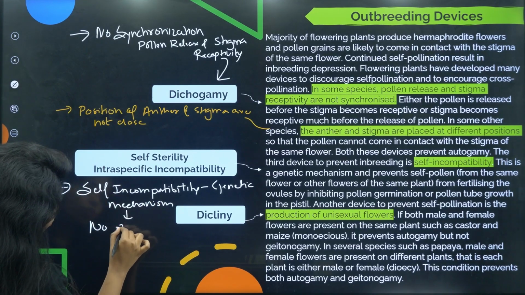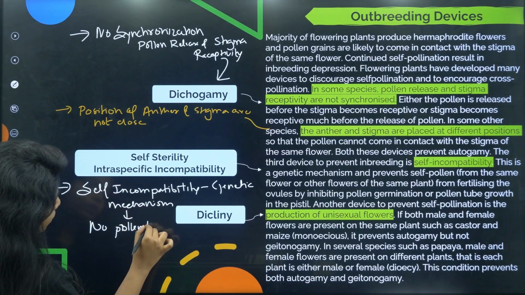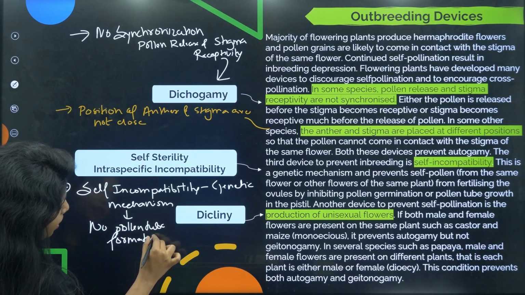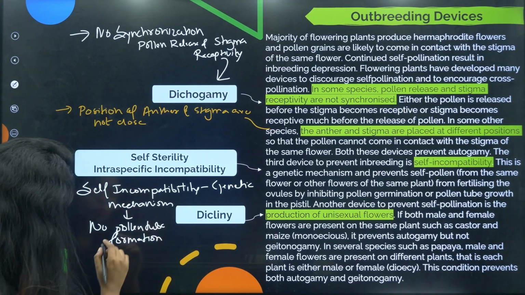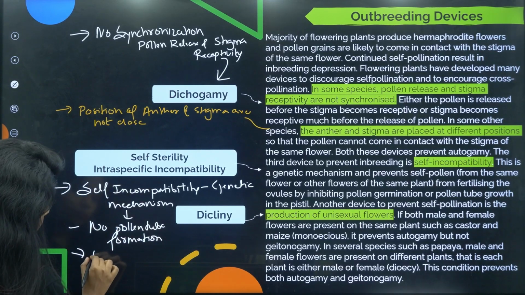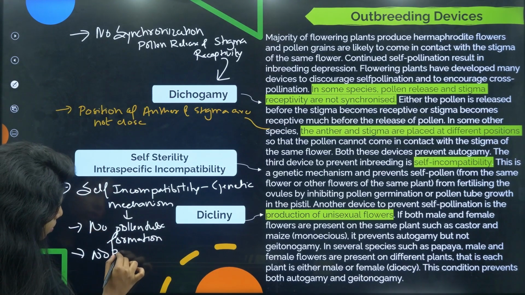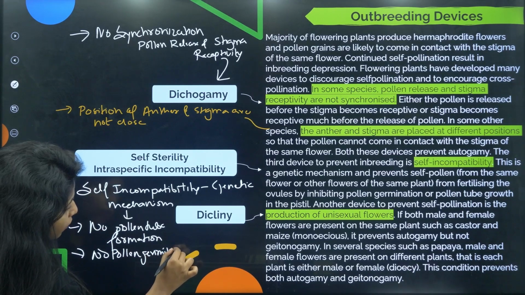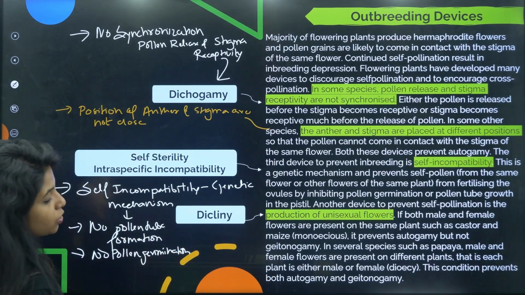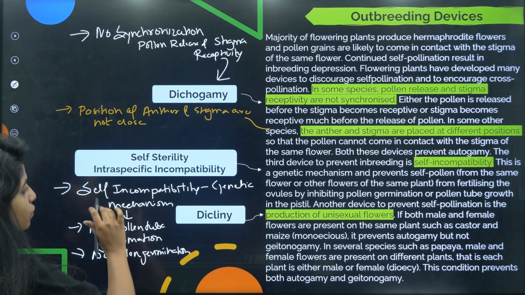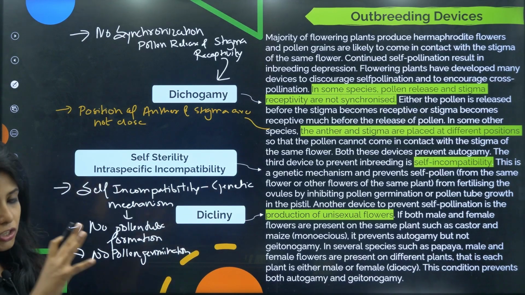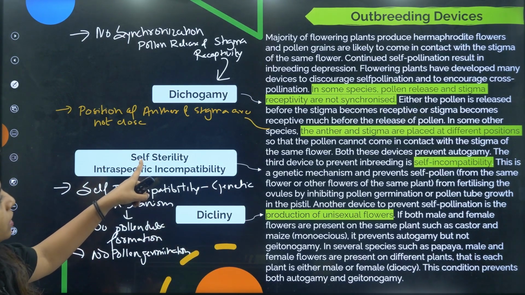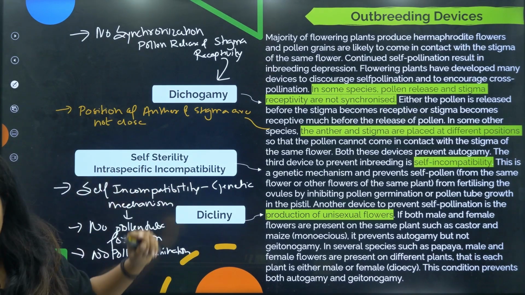No pollen tube formation, and also no pollen germination. What do you mean by pollen germination? When the pollen can finally germinate and form the pollen tube, this is known as pollen germination. So self incompatibility is a genetic mechanism to prevent all this. Self incompatibility is also known as self sterility and intraspecific incompatibility.